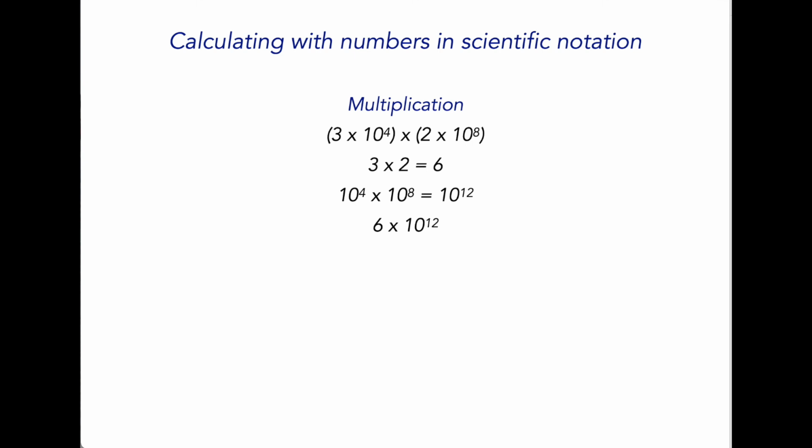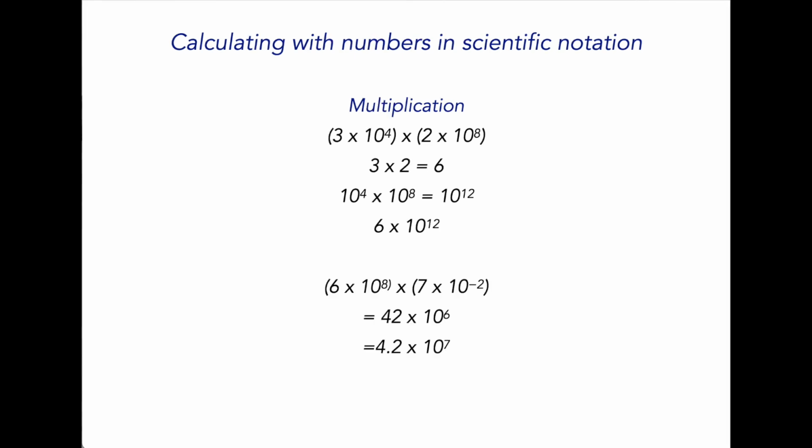Now, if you remember the laws of indices, you will know that we have to add the exponents. So 10 to the power of 4 times 10 to the power of 8 equals 10 to the power of 4 plus 8, 10 to the power of 12. So the answer to our question is 6 times 10 to the power of 12.